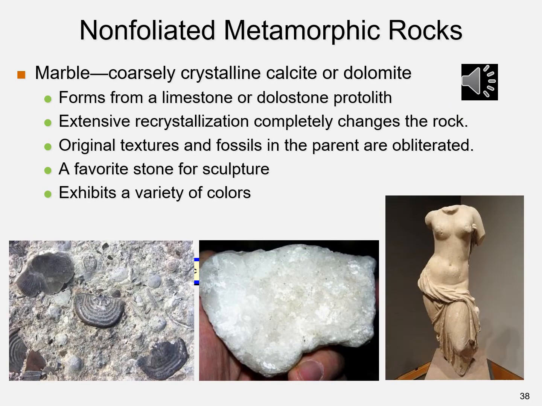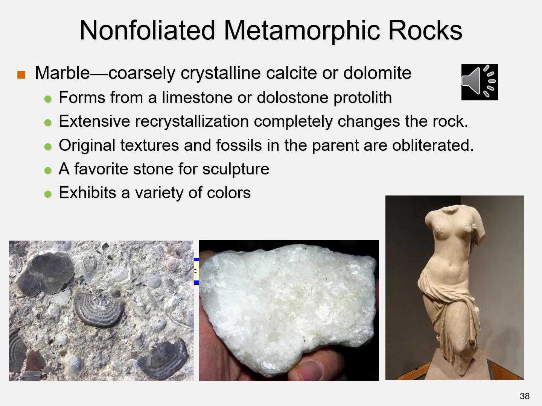The metamorphism of limestone yields marble. During the formation of marble, the calcite composing the protolith recrystallizes, so fossil shells, pore space, and the distinction between grains and cement disappear. Marble, therefore, typically consists of a fairly uniform mass of interlocking calcite crystals.